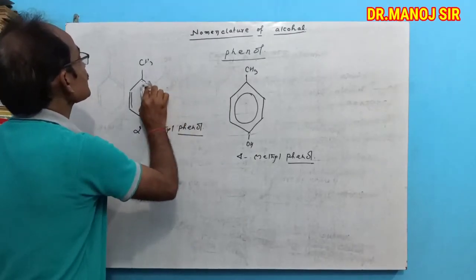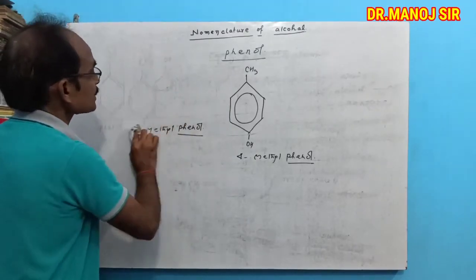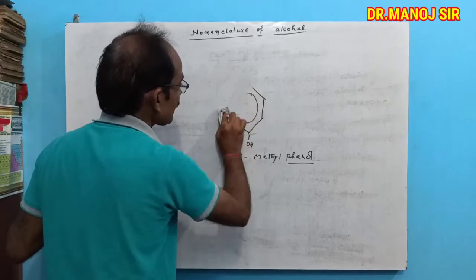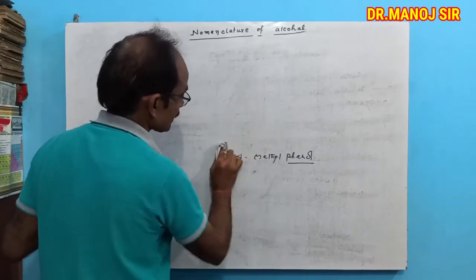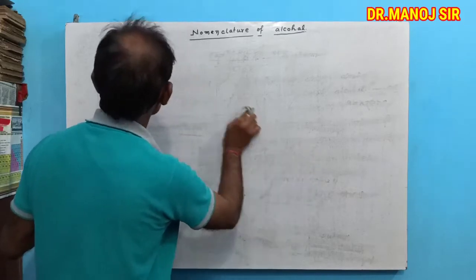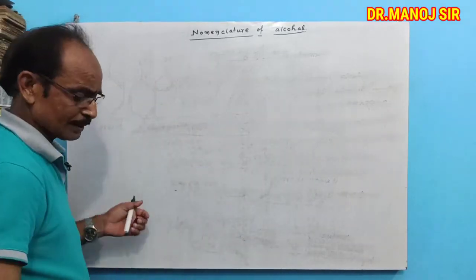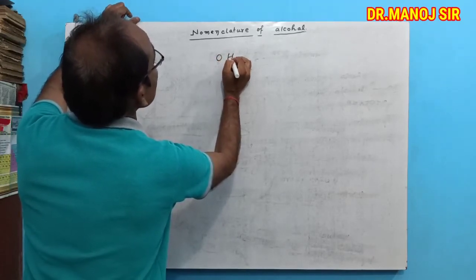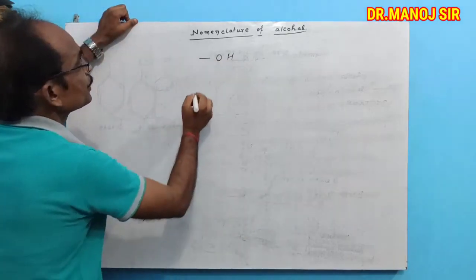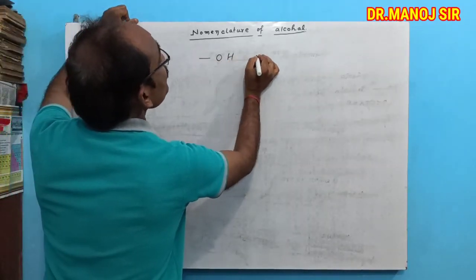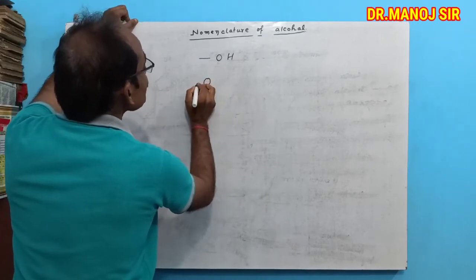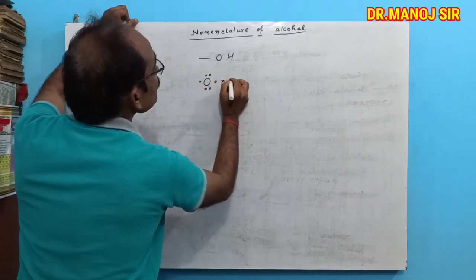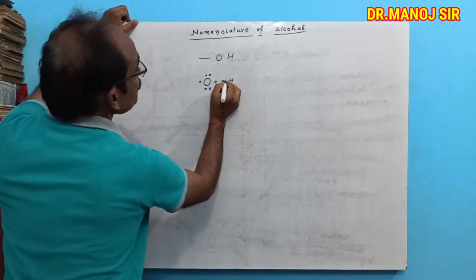As you have studied in all the classes of alcohol, Lewis bonding and dash bonding also define the bonding between hydrogen and oxygen, as given here. In the hydroxy group, oxygen's outermost electrons are 6, whereas hydrogen's outermost electron is 1.